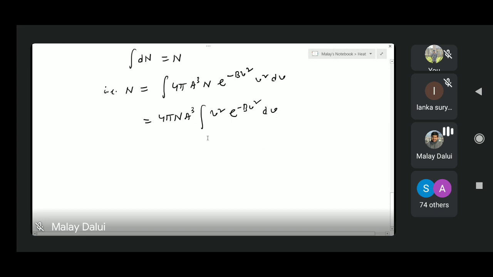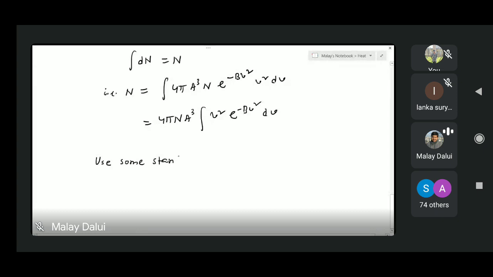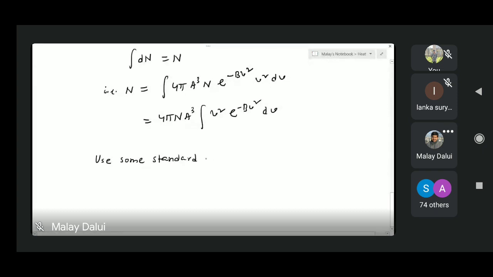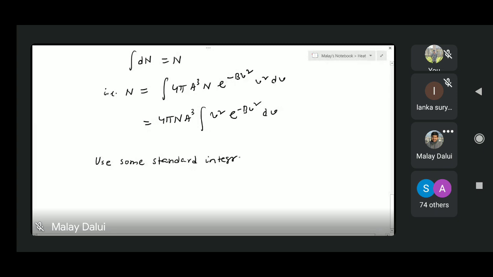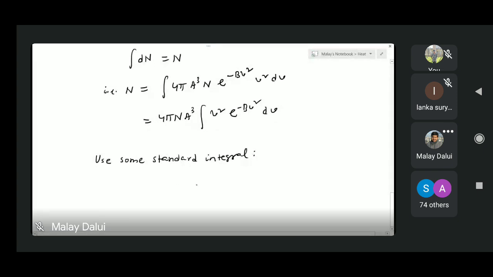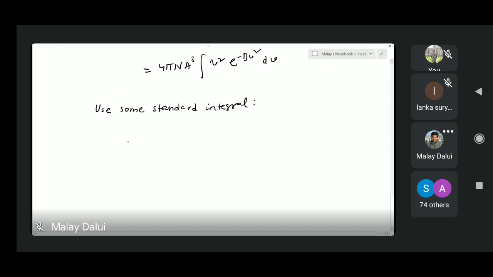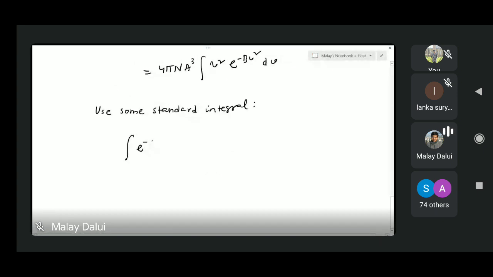To evaluate this integral, we will use some standard integral. Like the integral of e to the power minus beta x square, x to the power n dx.